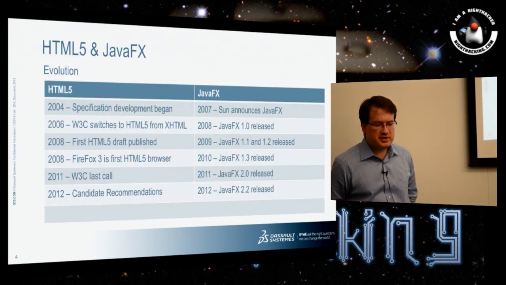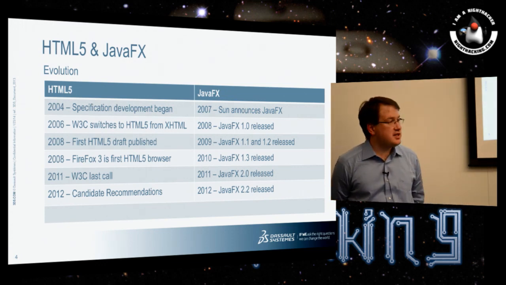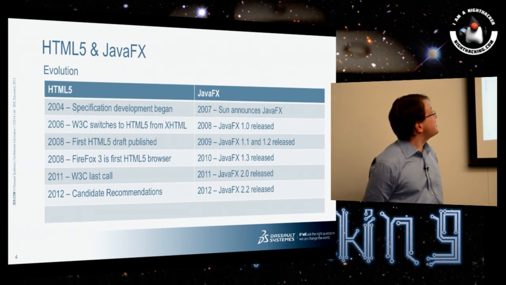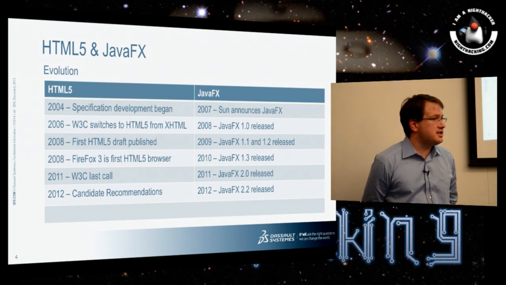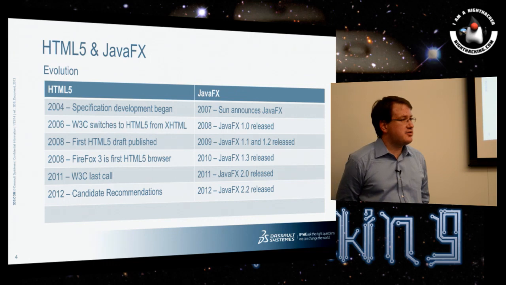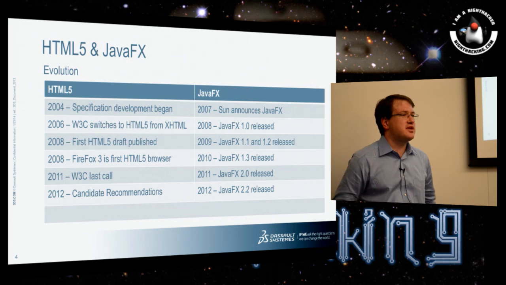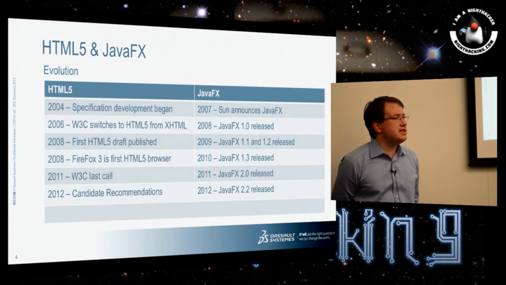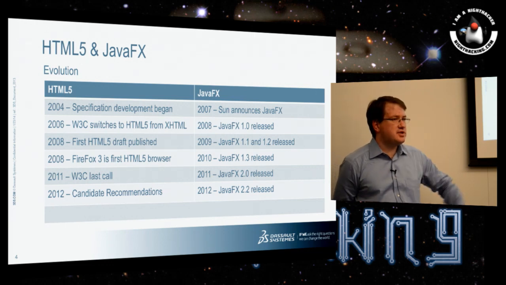So, JavaFX in perspective. Looking back at the history of JavaFX and HTML5, initial development of HTML5 started around 2004. At the time, XHTML was thought to be the successor and was already in development. So HTML5 was something that organically grew out. It was not a decision by a main body back in 2004 to begin designing HTML5. The Canvas in HTML5 came out as a result of Apple and the widget desktop thing that they wanted.